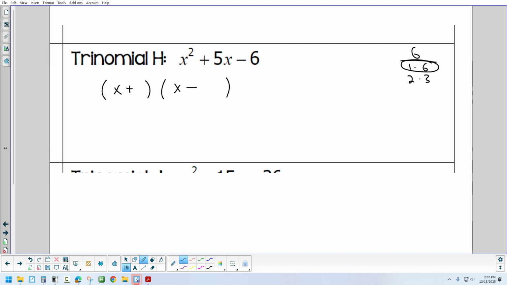And I think earlier somebody had said it's x plus the bigger number, x minus the smaller number. Any questions on how we factor? So now what do we do with that? We're going to go back and look at the worksheet. Just remember, it's x plus 6, x minus 1.